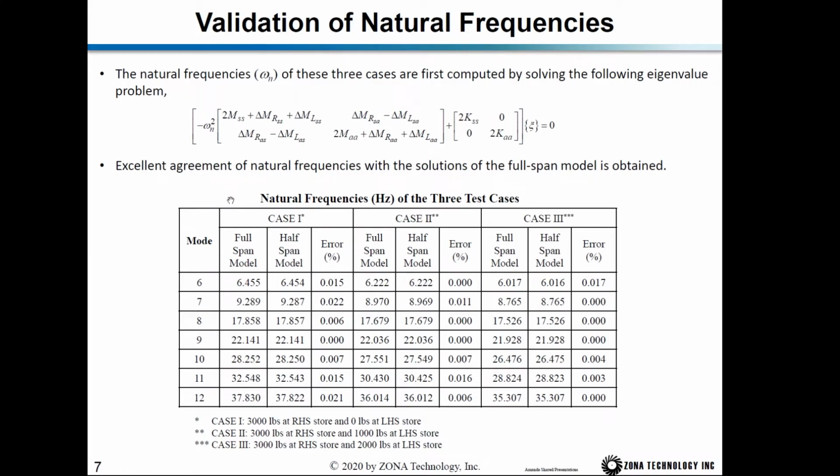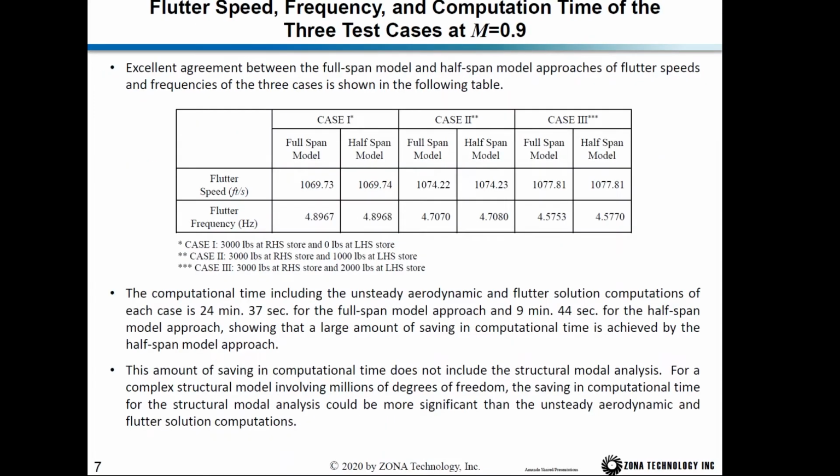So first, we want to compare the natural frequencies for the three cases, using the full span model and the half span model. You can see in all three cases, the errors in natural frequency are very small, and so this confirms this half span model approach.